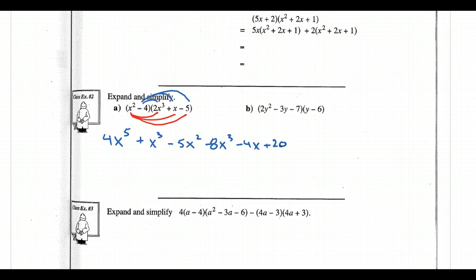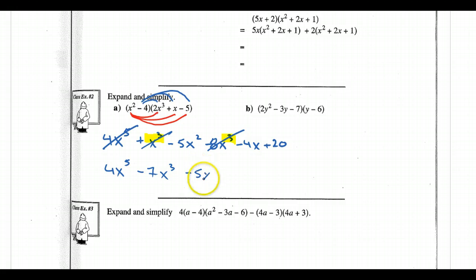Now you're not done yet. You have to simplify, or combine, your like terms, and I will highlight them. So I have some cubes here and some cubes here. Those are the only ones that you can simplify. So the 2x to the 5, and then I have 1x cubed minus 8x cubed, so -7x cubed. Those are gone.